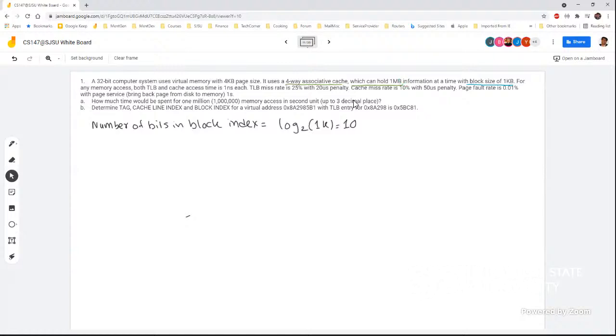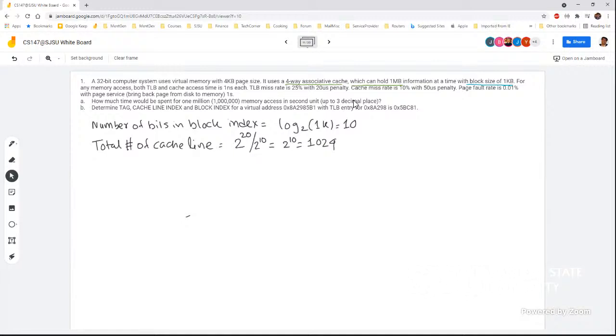So first of all, we can conclude the total number of cache lines. Sorry, my bad. 1 MB is 2 to the power 20, and block size is 1 KB, 2 to the power 10, so the total number of cache lines is 2 to the power 10, which is 1024.